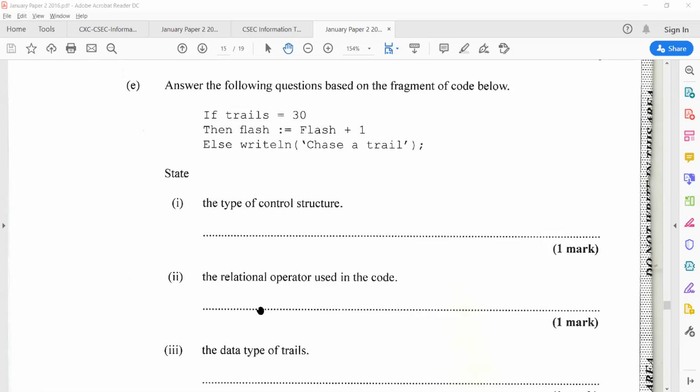So the relational operator in this code is the equal sign, right? Because it's saying if trails equals 30. This could have been less than, not equal to, greater than, etc. How does 30 relate or compare to the value in trails? This one here, the colon equal, is the assignment operator, right? So it's assigning a value into a variable.